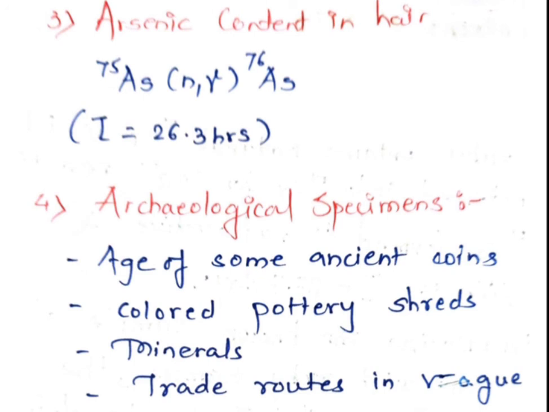The hairs can be analyzed by neutron activation analysis, cut into short segments, and the distribution of arsenic-76 all along the hair length scanned and the pattern compared with the distribution of arsenic in the hair of a normal person. From that we can say whether the person is poisoned with arsenic or not.